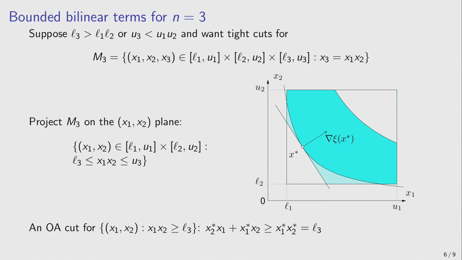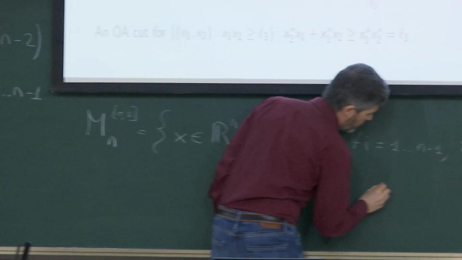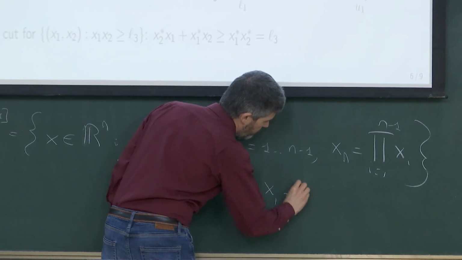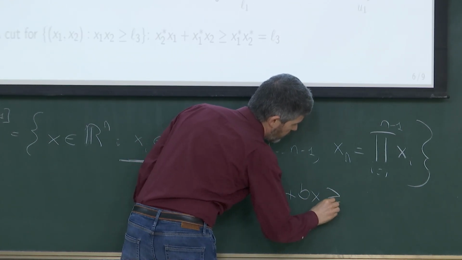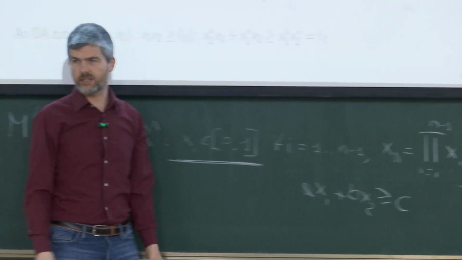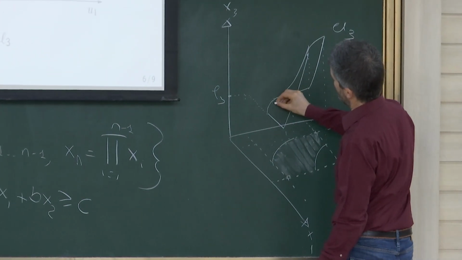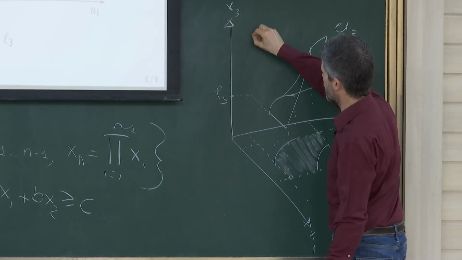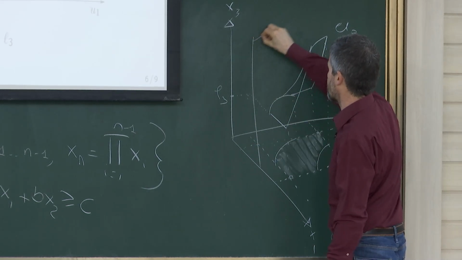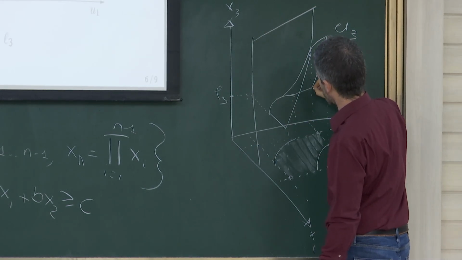If you have an inequality of the form ax1 plus bx2 greater or equal than c, this is clearly going to be, in 3 dimensions, simply a plane that looks like this.